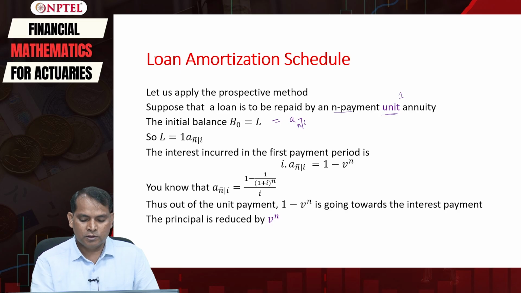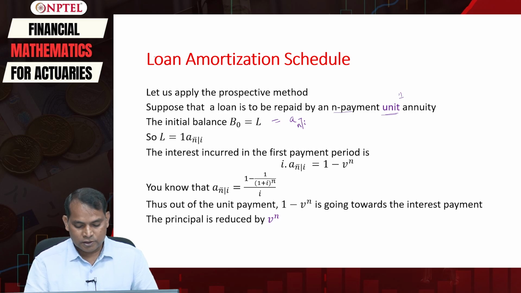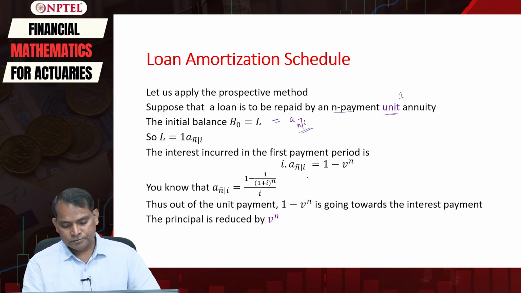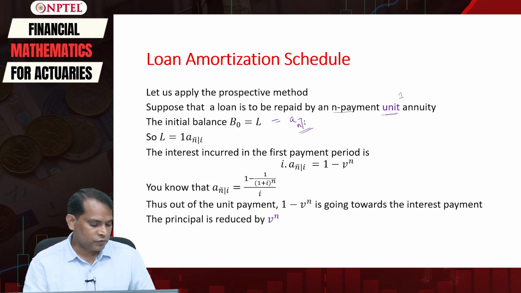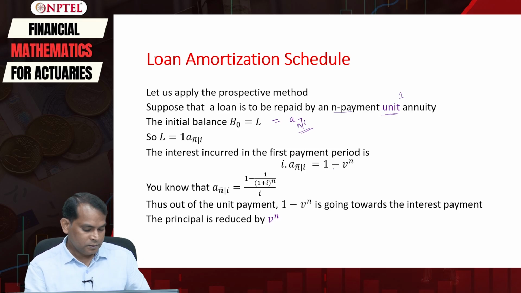A is 1, so you can just mention it here. So the interest incurred in the first payment period is i times a angle n at i, which will become 1 minus v to the power n.